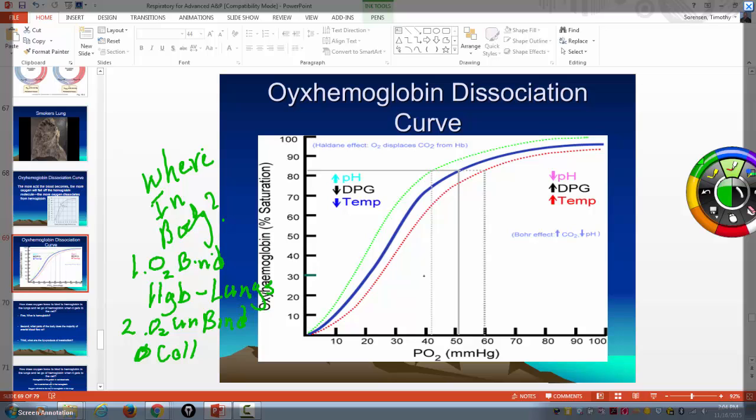And with normal conditions, watch, with a pH of 7.4, a body temperature of 98.6, a PO2 of 80, and a PCO2 of 40.